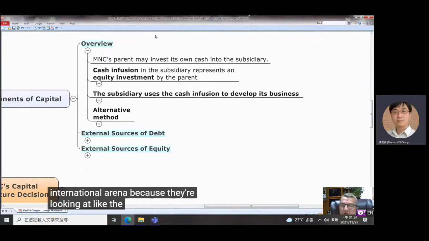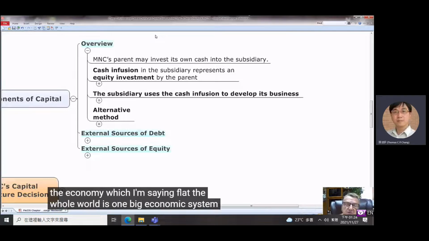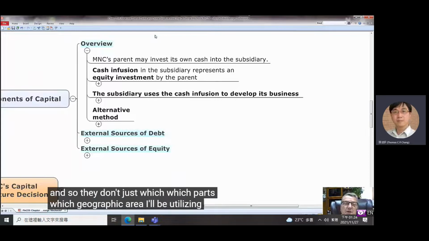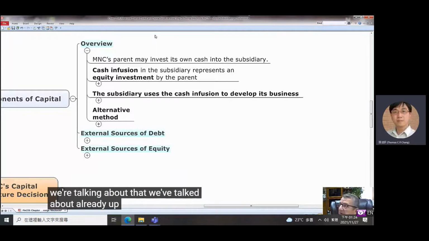They treat it like a flat economy, the whole world as one big economic system, looking at which geographic areas they'll be utilizing and maximizing. So I've got currencies and everything else we've already talked about up to this point.